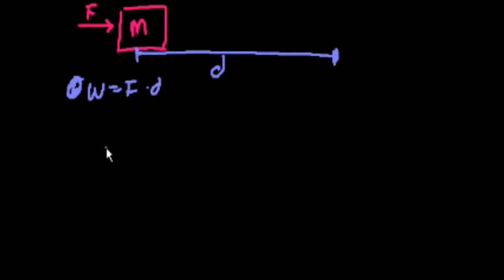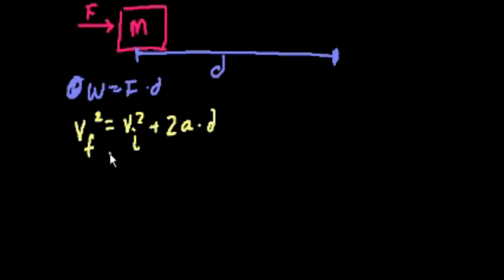So if you remember your kinematics equations, and if you don't, you might want to go back, or if you've never seen the videos, there's a whole set of videos on projectile motion and kinematics. But we figured out that when we're accelerating an object over a distance, the final velocity squared is equal to the initial velocity squared plus 2 times the acceleration times the distance.